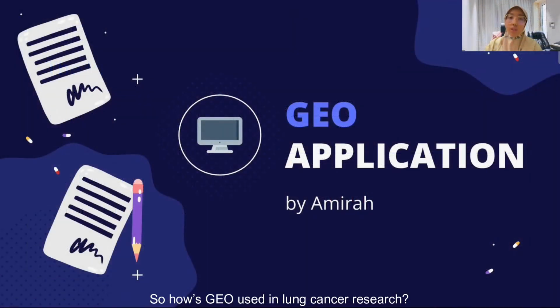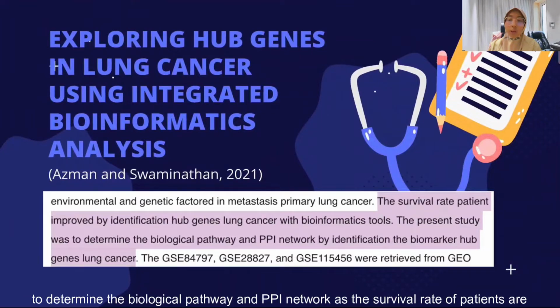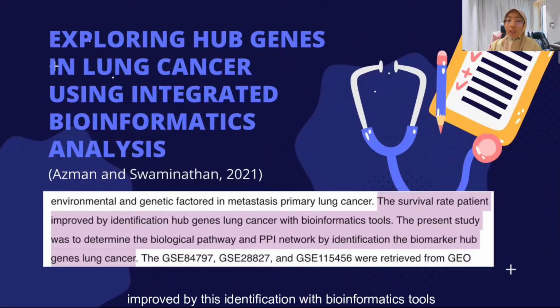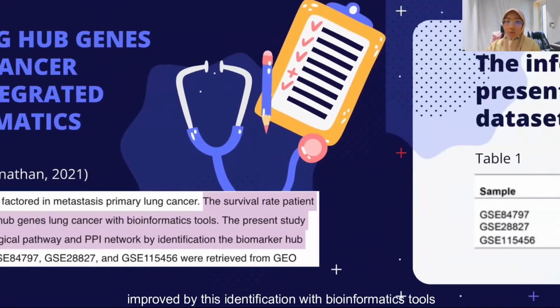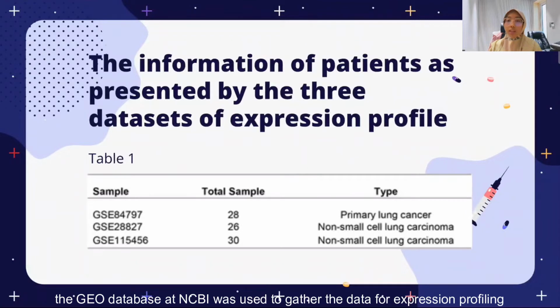So how is GEO used in lung cancer research? There's a 2021 study by Usman and Swaminathan where they identified biomarker hub genes to determine the biological pathway and PPI network, as the survival rate of patients is improved by this identification with bioinformatics tools. In order to access GSE115456, GSE2827, and GSE84797, the GEO database at NCBI was used to gather data for expression profiling.